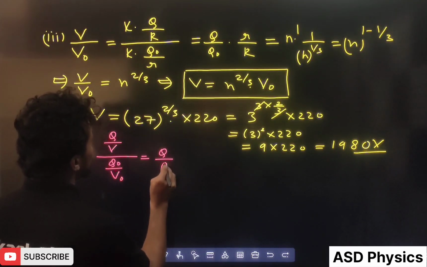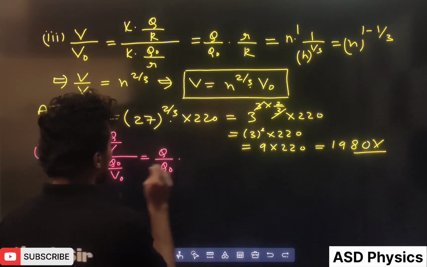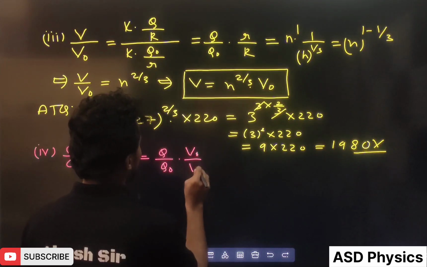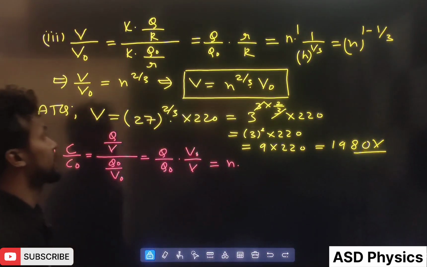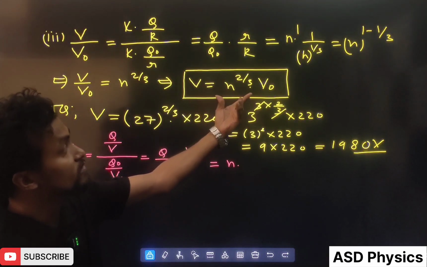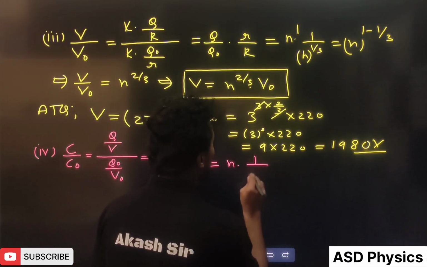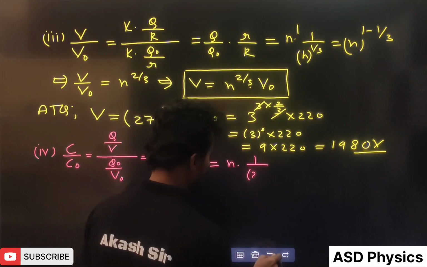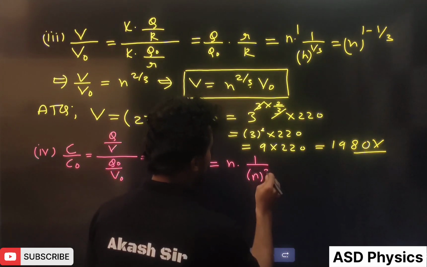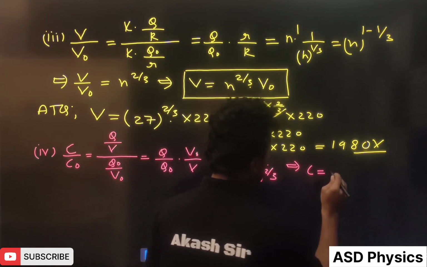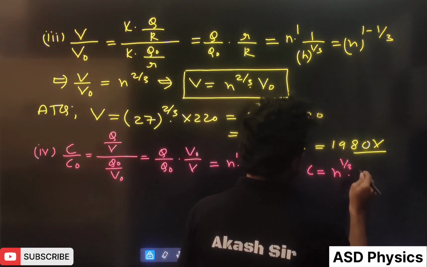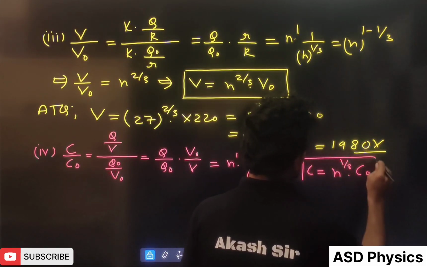So Q by Q naught into V naught by V. Q by Q naught is n, and V naught by V is 1 by n to the power 2 by 3. When you simplify this, C equals n to the power 1 by 3 into C naught.